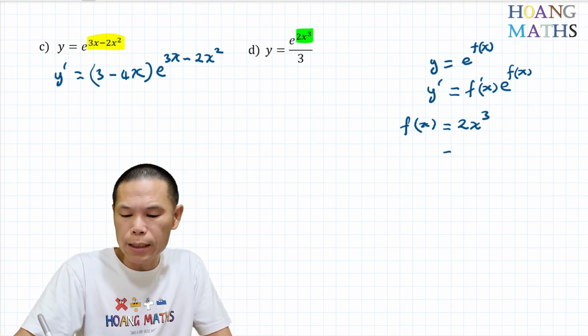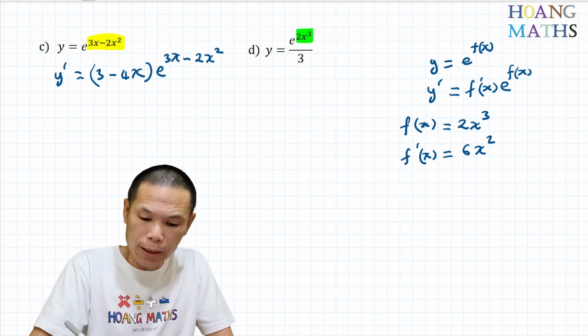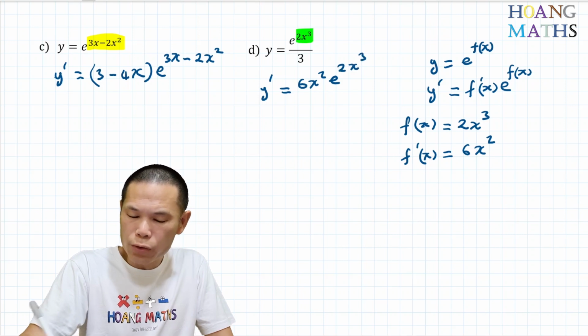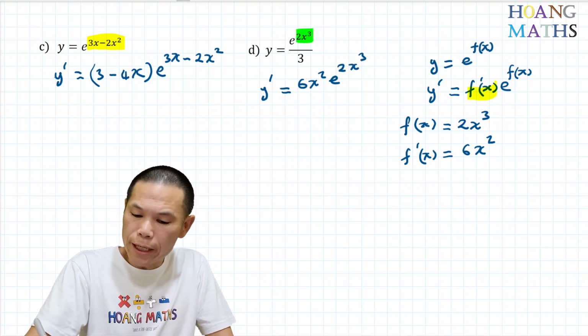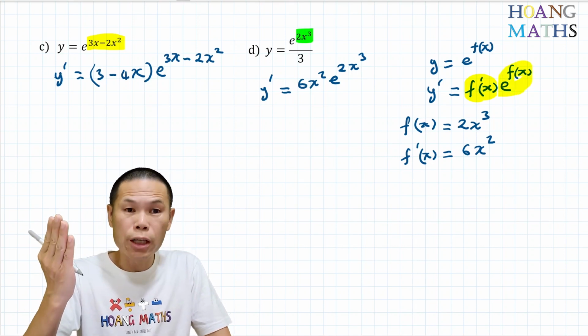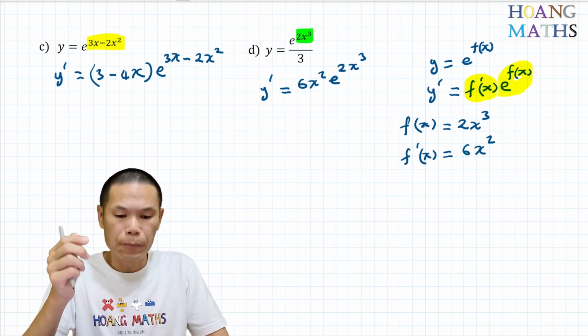So f dash x is equal to 6x squared. So y dash will give me 6x squared times e to the power of 2x cubed. Just remember that: f dash x times e to the f(x). So this is it. That is the answer.